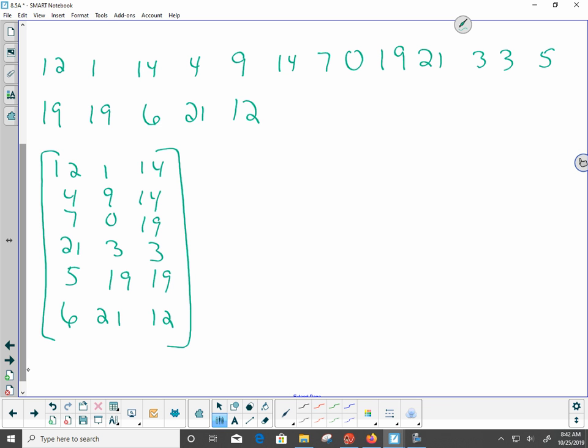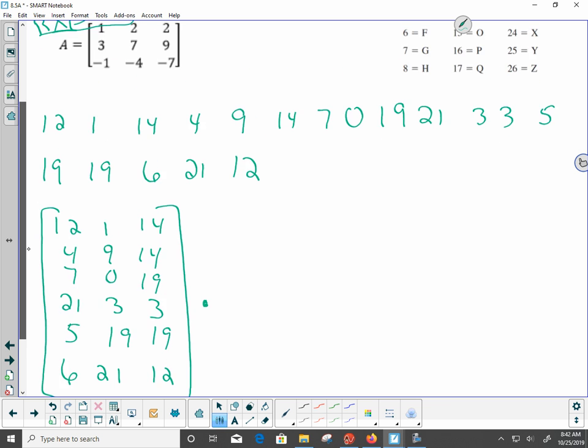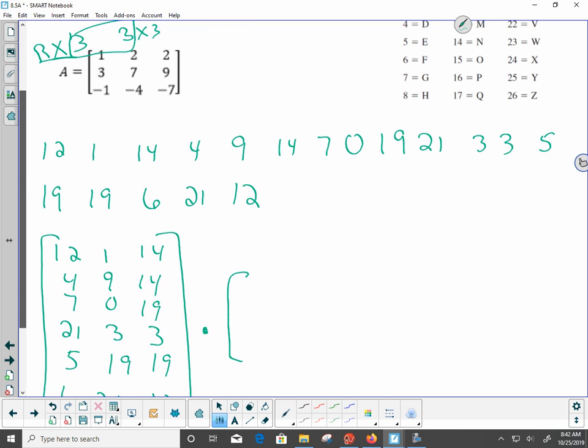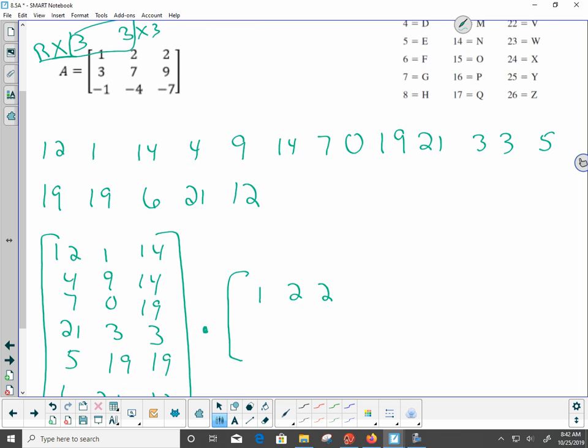Then I'm going to multiply it by the regular matrix that they just gave me: 1, 2, 2, 3, 7, 9, -1, -4, -7. And I'm just going to multiply those on my calculator. Know that when you multiply them, you are not going to get numbers between 0 and 26. You will get negative numbers, and you will get numbers that are much larger than 26, and it's okay.